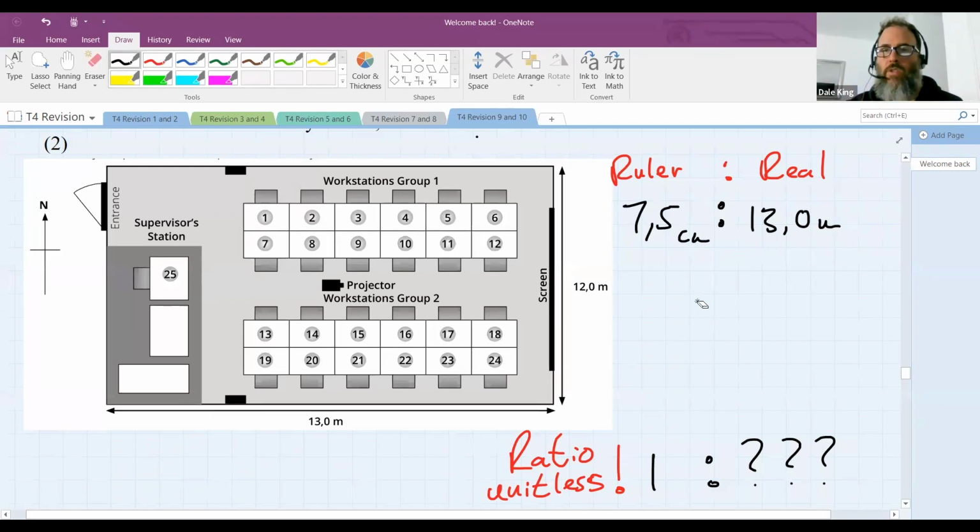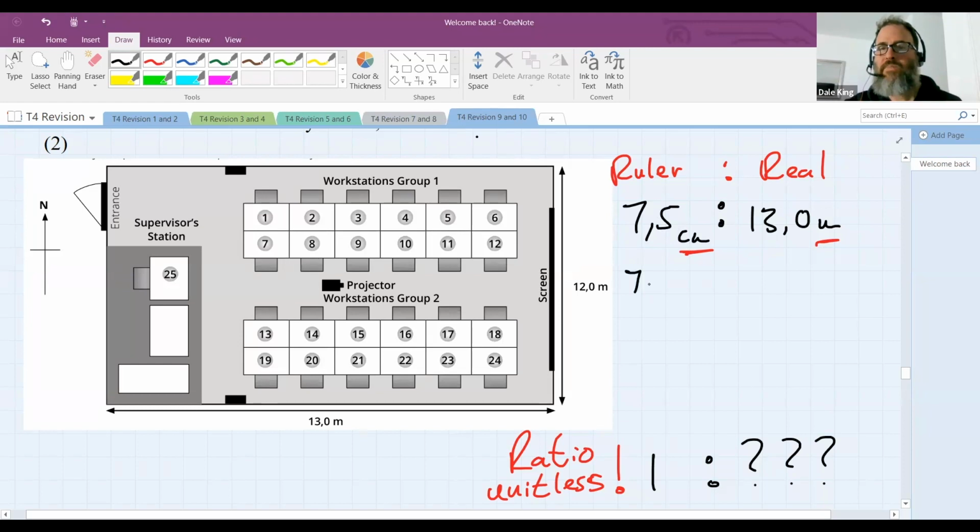Okay, so first thing we're going to do is check, and this is why we always say show your units, because we check here in our ratio that we have so far, the units are not the same. We've got to change those units first of all. So we're going to change our meters into centimeters. Okay, you could do it the other way, but my centimeters are pretty small. So I'm going to change my meters into centimeters.